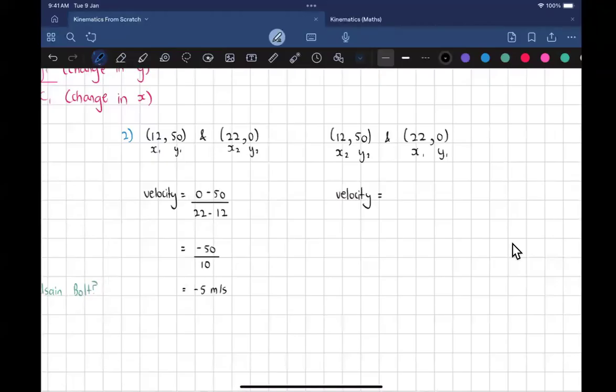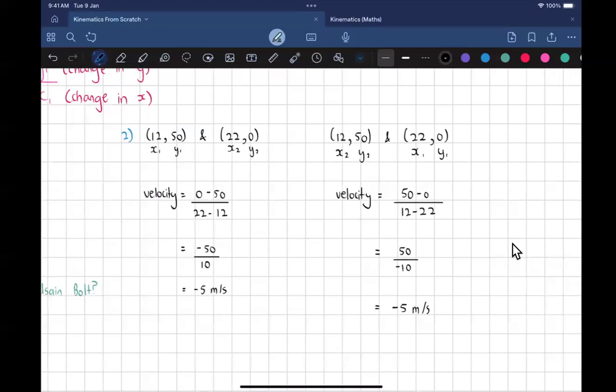So again, it's y2 minus y1, so that'll be 50 minus 0, and on the bottom, x2 minus x1, 12 minus 22. What is 50 minus 0? 50. What is 12 minus 22? Minus 10. A positive divided by a negative is a negative. So you get back negative 5.